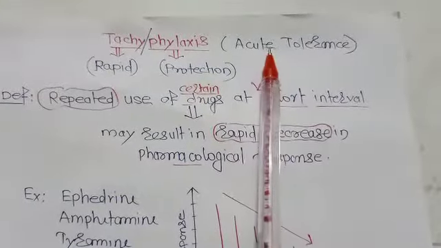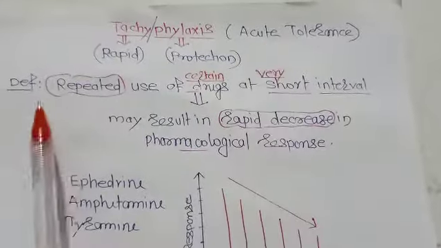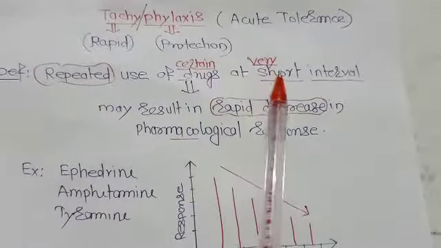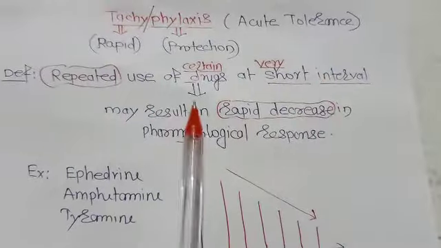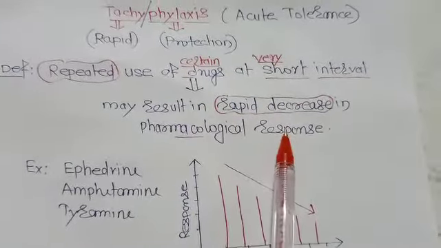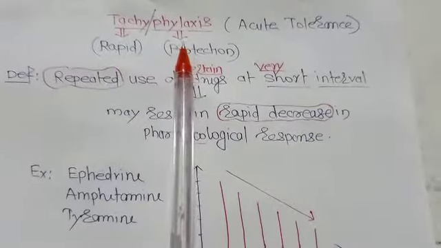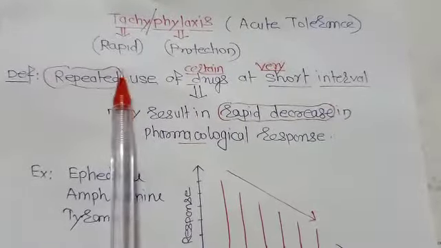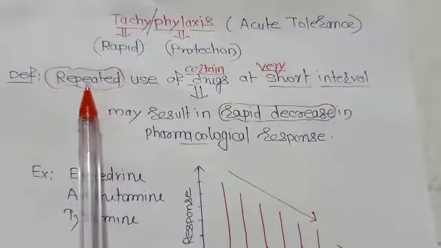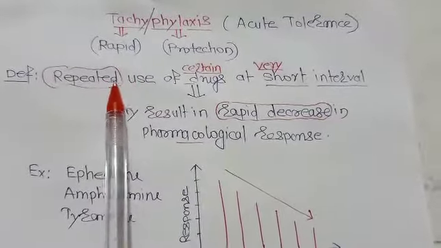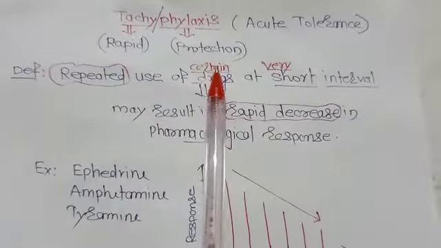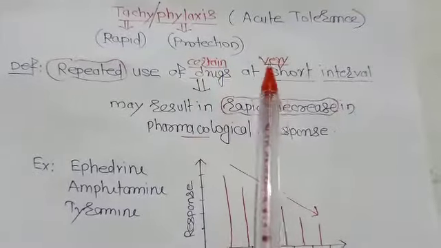Acute tolerance or rapid tolerance is because of repeated use of certain drugs at very short intervals that may result in a rapid decrease in the pharmacological response. In the definition, the important things are: repeated use of certain drugs, not all drugs, at a very short interval.